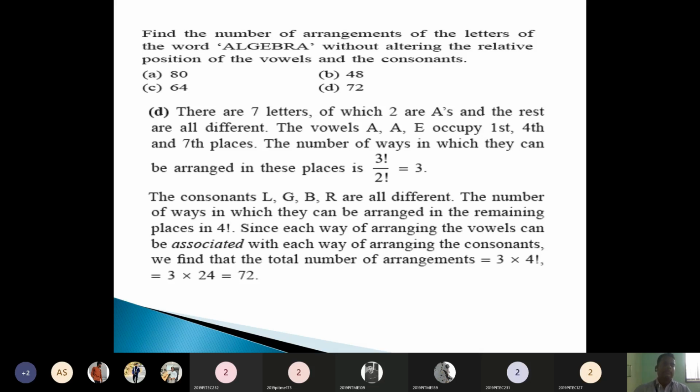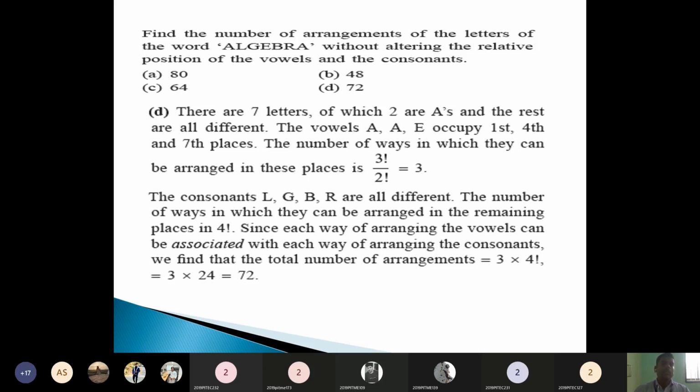Here, as per the given question, the relative position of the vowels and consonants should not change. If one of them is restricted, automatically the other will continue. That means the vowels' positions should not change. How many vowels and their positions? A, E, A are the vowels in the given word. There are 3 vowels and their positions are 1, 4 and 7.